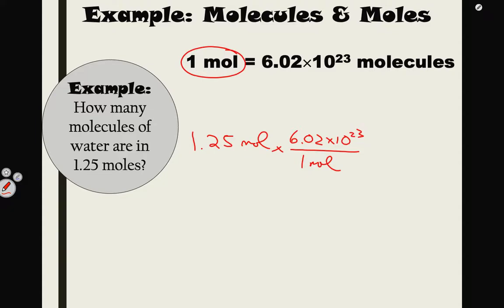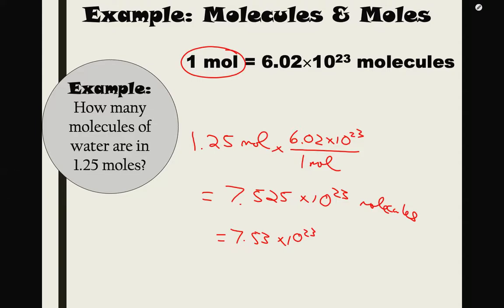So 1.25 times 6.02, I need my calculator. I would get an answer of 7.525 times 10 to the 23rd molecules. This is how I would go about this conversion. If I were rounding to significant figures, my answer would be 7.53 times 10 to the 23rd molecules.